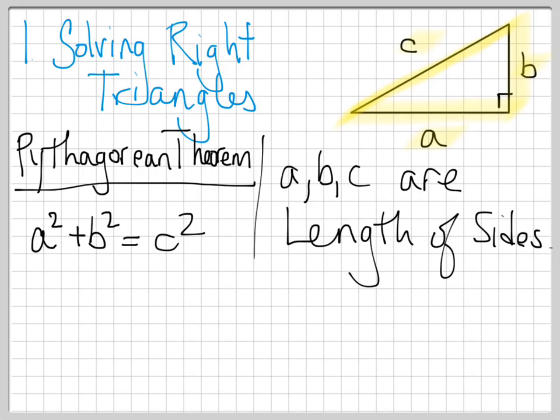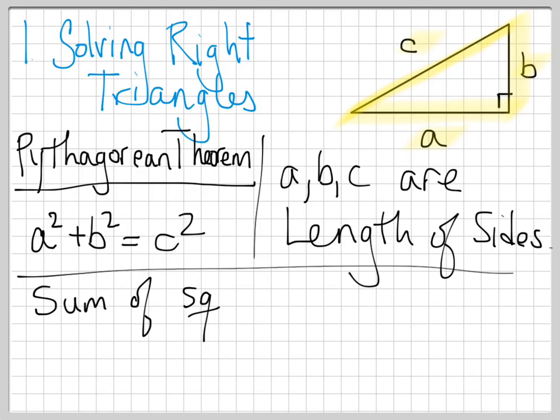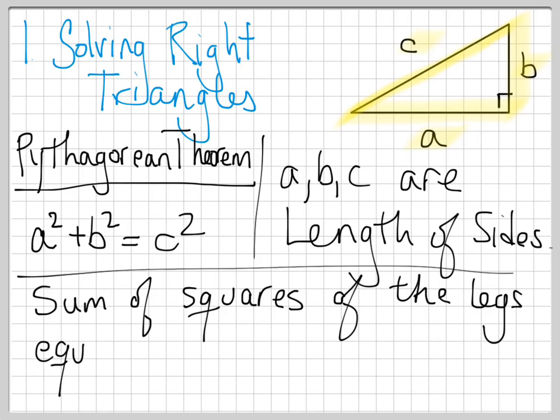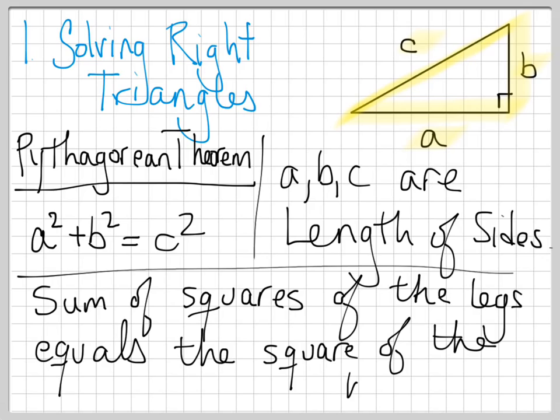And another way of thinking about that is that the sum of the squares of the legs equals the square of the hypotenuse.